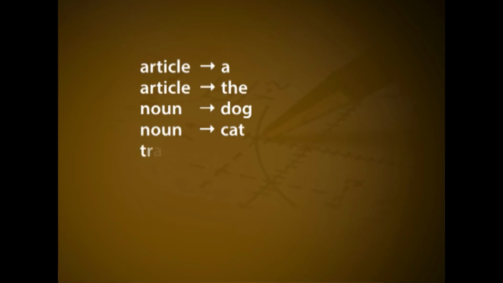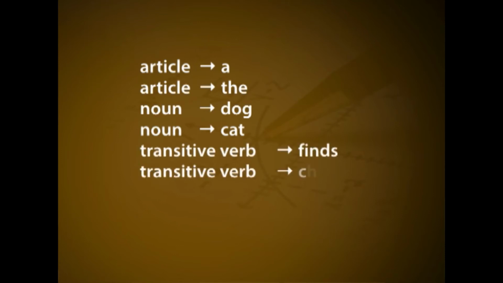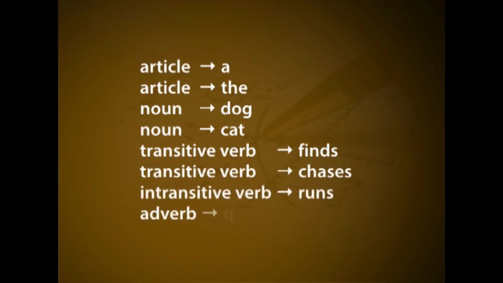In this example, we have A as an article, the as an article, dog as noun, cat as noun, finds as transitive verb, chases as transitive verb, runs as intransitive verb, quickly as adverb. It is clear that the above rules can generate the three simple sentences. With these rules, other sentences also may be formed.